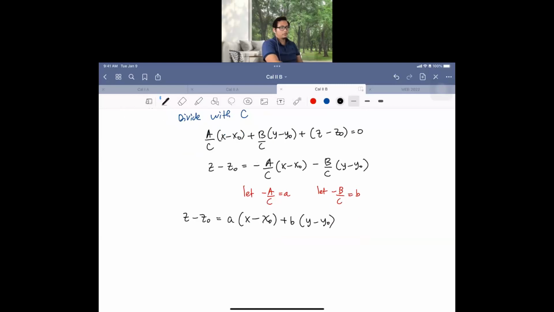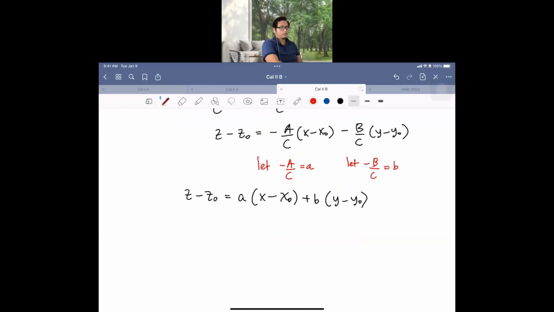Now when y equals y0, then this will be related to a times x minus x0. And when x is equal to x0, or maybe to avoid confusion, let me write here.